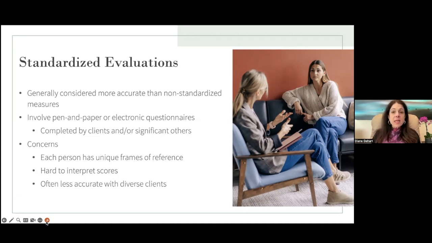You want to be thinking about diversity variables that could affect a person's ability to actually complete the measure and understand what they're filling out, as well as what sample the measure was standardized on. Because if the standardization sample was not very diverse, or it was primarily male, or primarily middle or upper class, educated folks, college students.